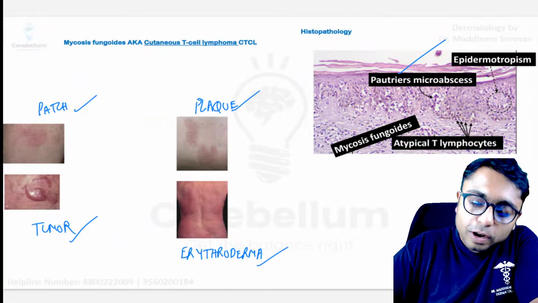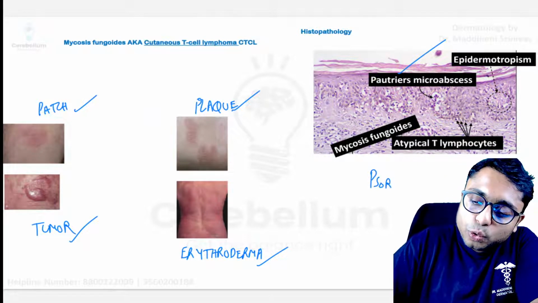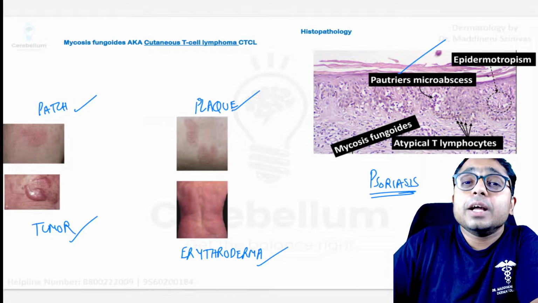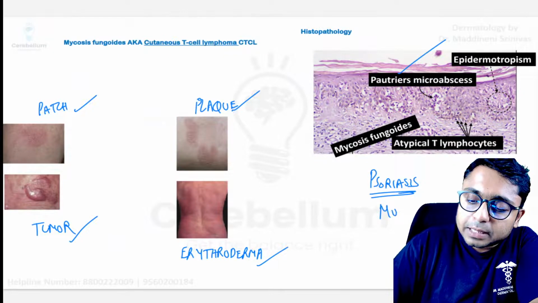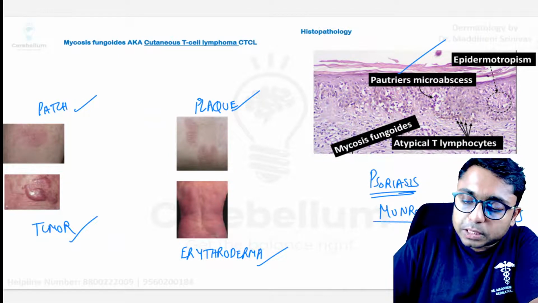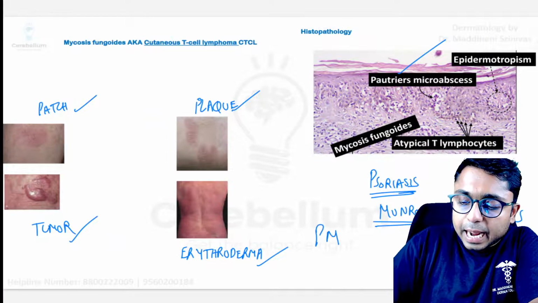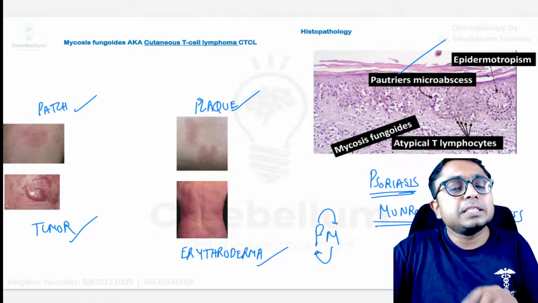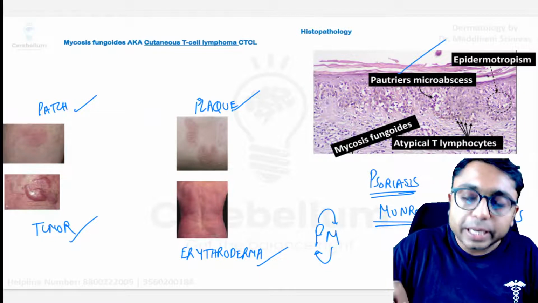And I hope all of you do remember, in the case of psoriasis, we have the collection of neutrophils, which we call Munro's microabscess. So if you remember, P for M and M for P, that is, in psoriasis we have Munro's microabscess, and in mycosis fungoides we have Pautrier's microabscess.